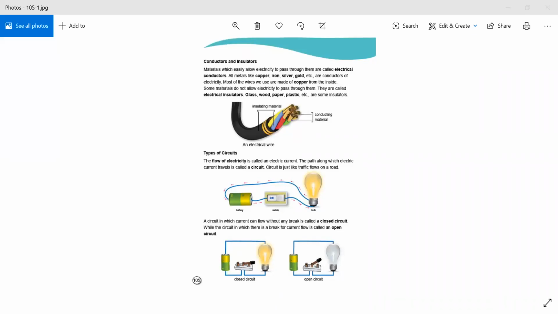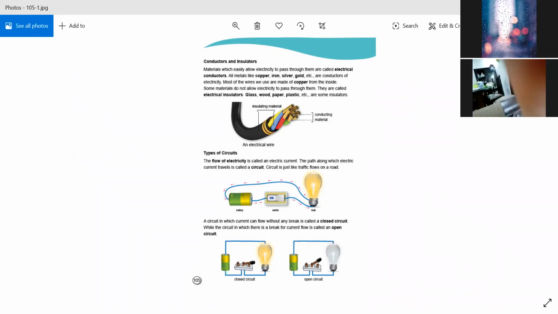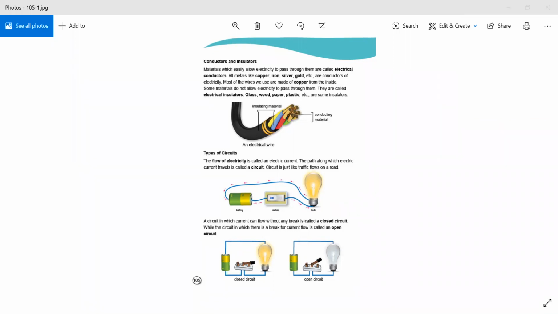And first of all, you should know what a closed circuit is and what an open circuit is. Beta, a circuit in which current can flow without any break is called a closed circuit. For example, if there is no error or breakage in a circuit, and current can flow through it easily, it is a closed circuit. But if there is any error or breakage in the circuit, we call it an open circuit.